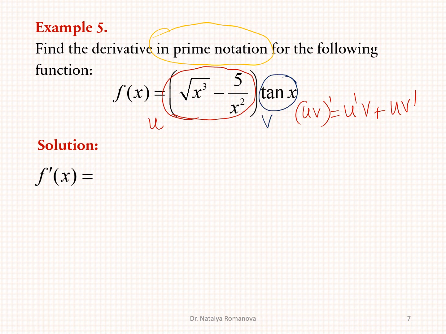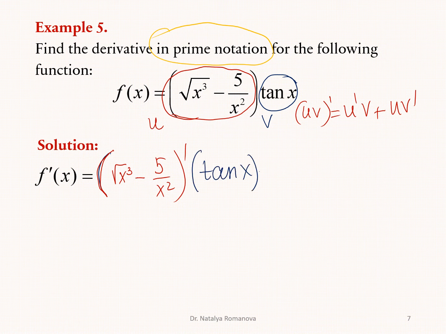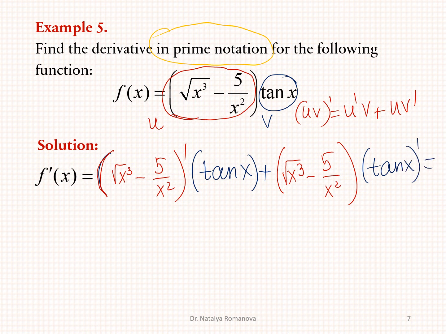So now we can write the derivative of the first factor, square root of (x cubed minus 5 over x squared), times the second factor, tangent x, plus the first factor, square root of (x cubed minus 5 over x squared), times the derivative of tangent x, equals.